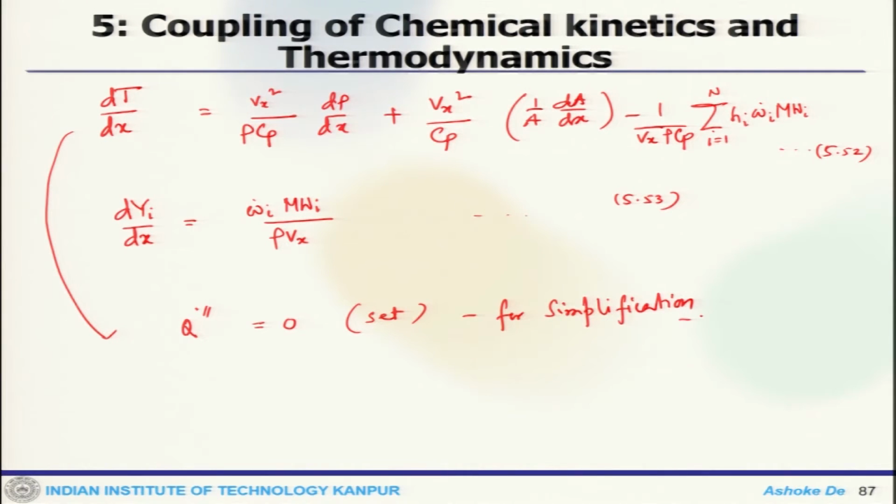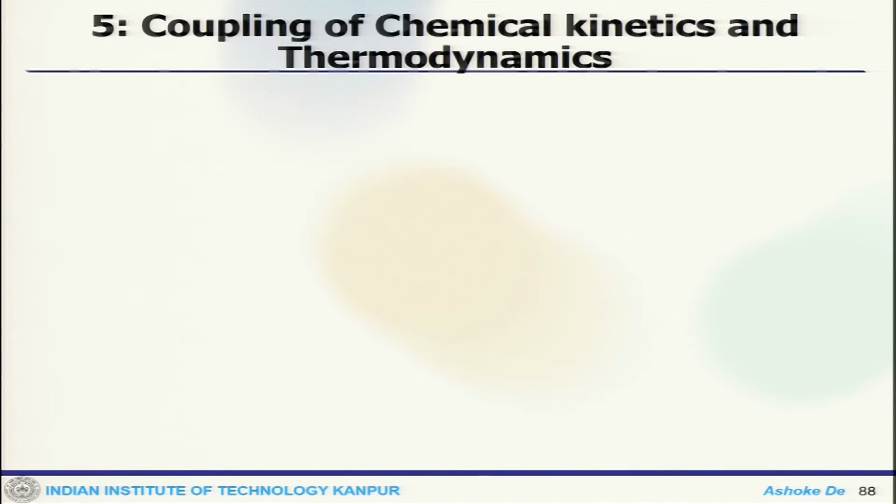Now, one can calculate the residence time, which adds one more equation. The residence time is the derivative of tR with respect to x, equal to 1/Vx. So, that is the residence time.